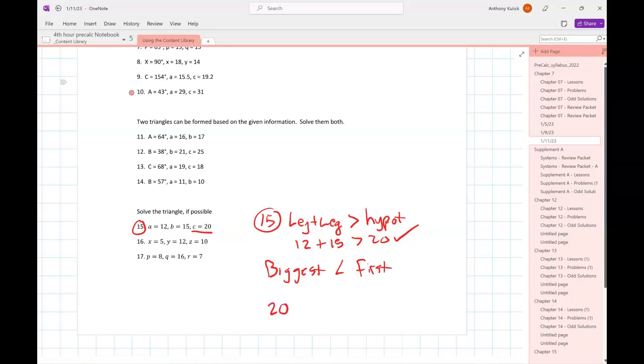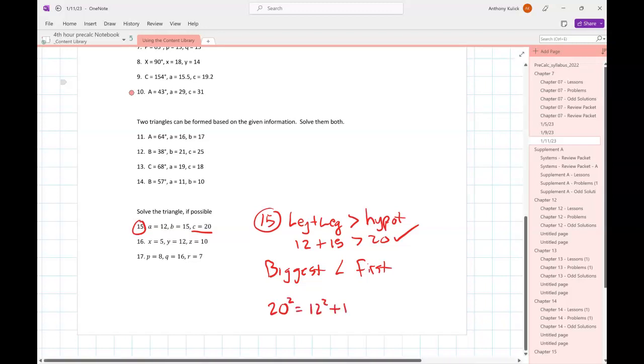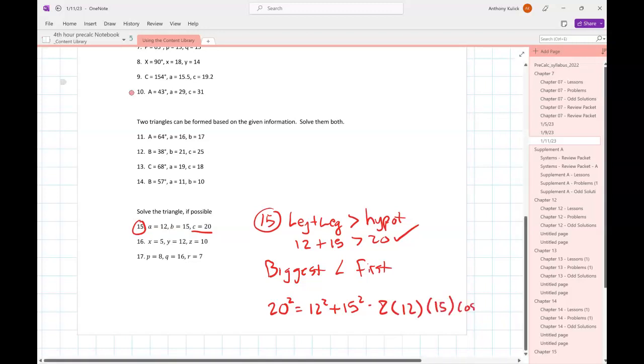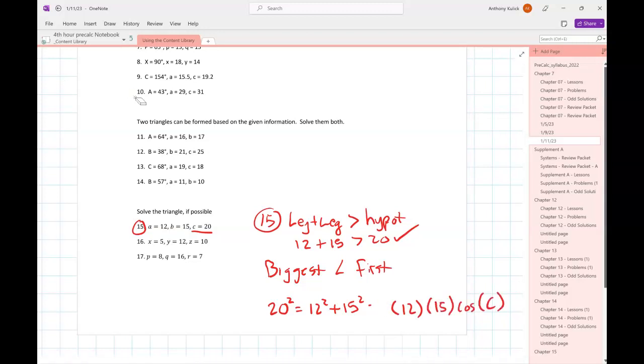So I'll set up my law of cosines. C squared is equal to A squared plus B squared minus 2AB cosine angle C.